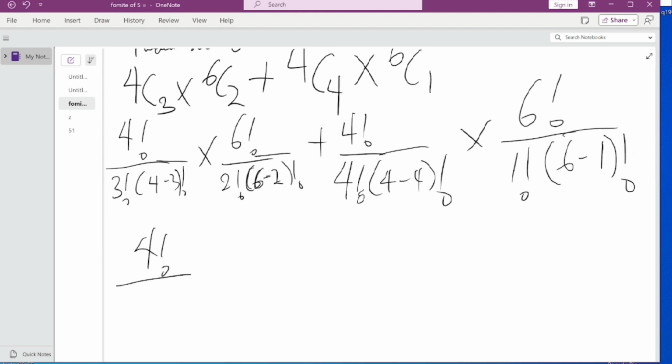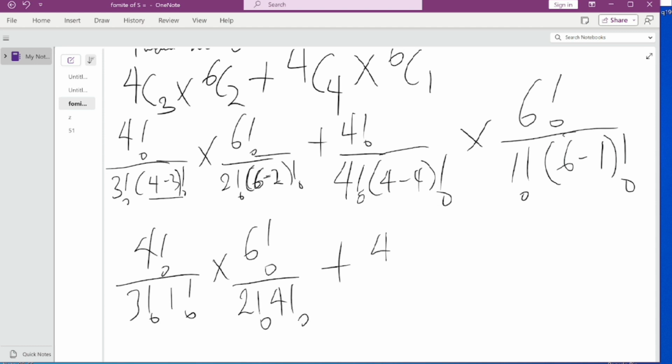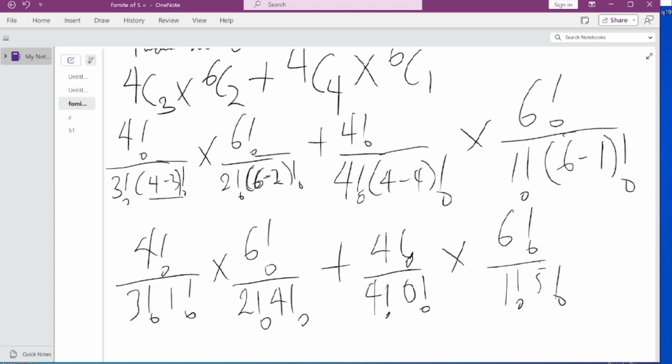On the next line, I have 4 factorial over 3 factorial times 1 factorial, times 6 factorial over 2 factorial times 4 factorial, plus 4 factorial over 4 factorial times 0 factorial, times 6 factorial over 1 factorial times 5 factorial. We know how combination works: for 6 combination 2, you take the 6 first, then the 2, then the subtraction of the two, each factorial.